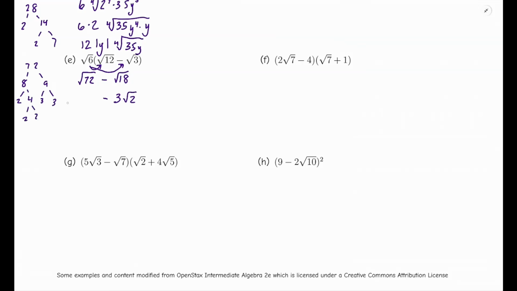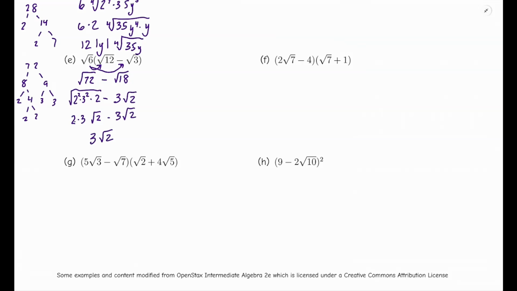So that becomes square root of 2 squared times 3 squared times 2. So that becomes 2 times 3 square root of 2 minus 3 square root of 2. 2 times 3 is 6, minus 3 is 3 square root of 2.